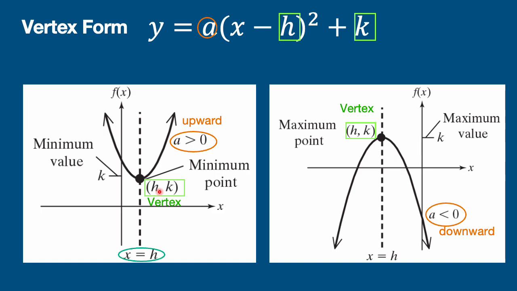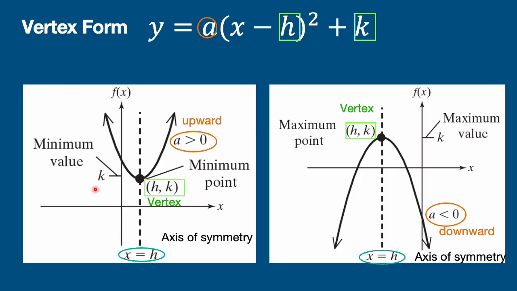Does it make sense? Now, from the x value of the vertex you can also find the axis of symmetry, x equals h. That's a vertical line. Here is the same thing, guys. Here is the axis of symmetry, x equals h.